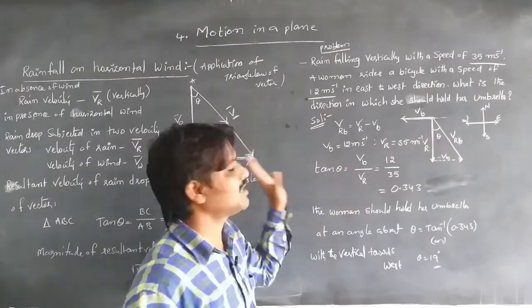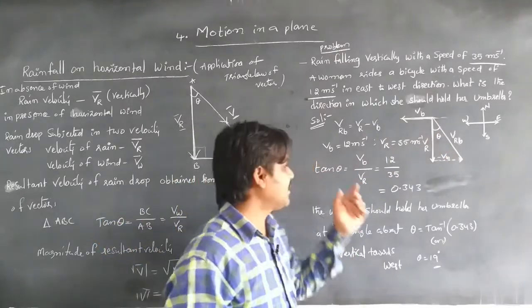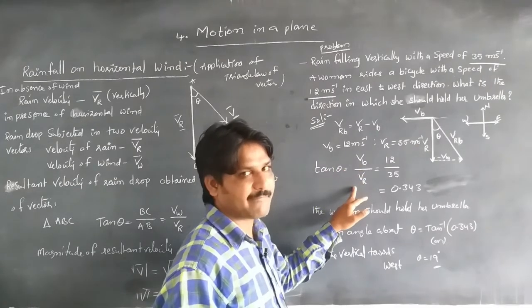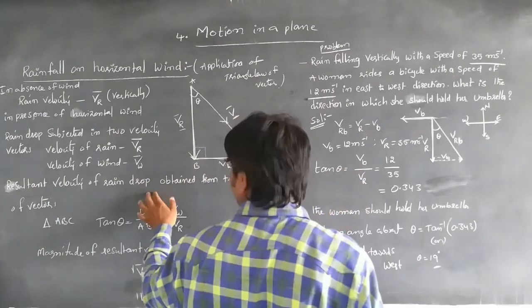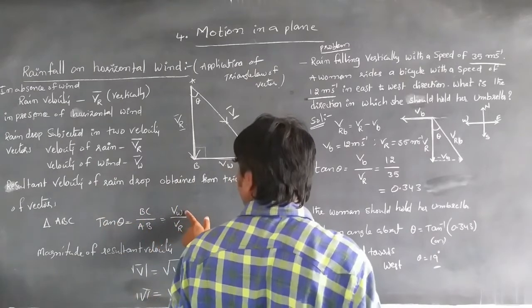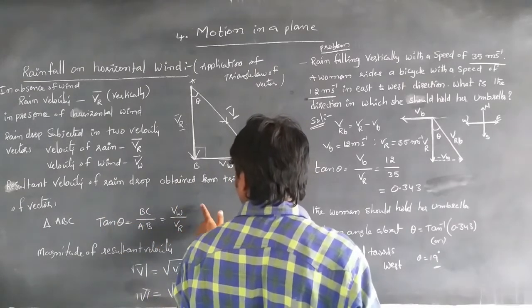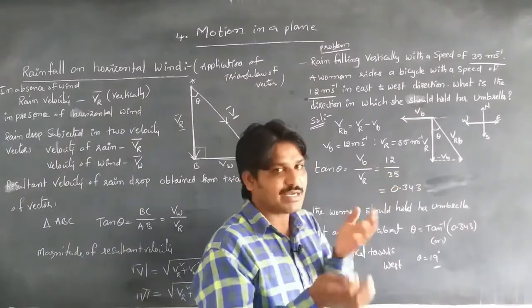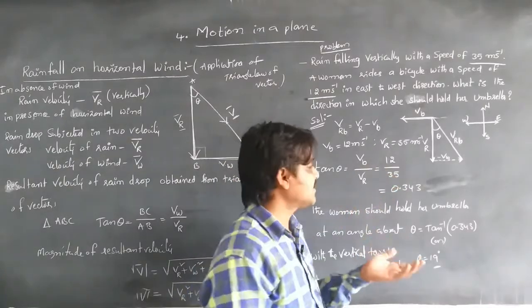According to that, tan theta is equal to the velocity of the bicycle by the velocity of the rain, similar to the velocity of the wind by the velocity of the rain. The wind is moving while the rain is falling vertically; here the bicycle is moving. We are comparing the bicycle and rain, both velocities with respect to the ground.